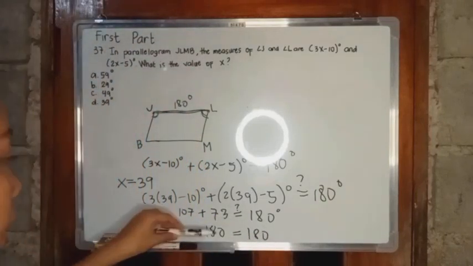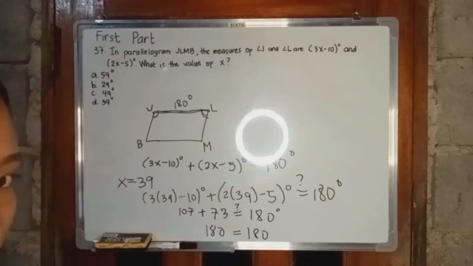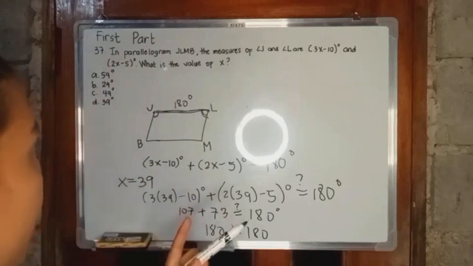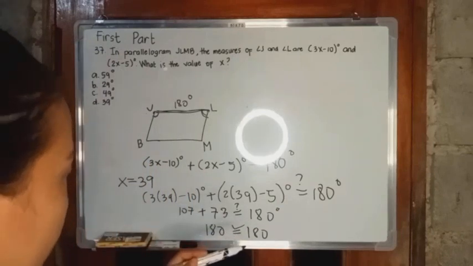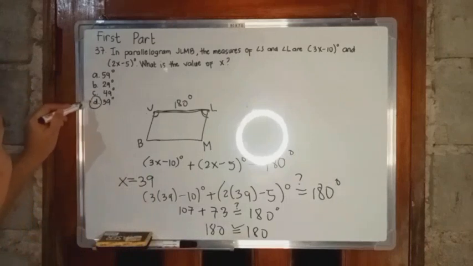Since 180 is equal to 180 degrees, therefore, our solution is correct. The value of x is 39 degrees, which is letter D.